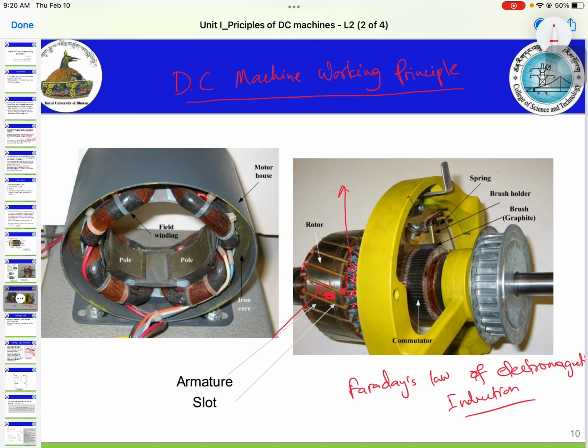These windings are called the armature winding. And then in the figure at the left is the stator. In the stator also we have a winding, which we call the stator winding.